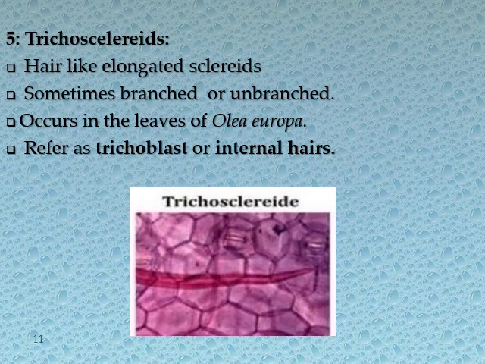The last type of Sclereids is Trichosclereids. These are hair-like Sclereids, and they may be branched or unbranched. These are found in intercellular spaces of leaves and stem of some hydrophytes, and they occur in the leaves of olive. These Trichosclereids are also called trichoblasts or internal hairs.